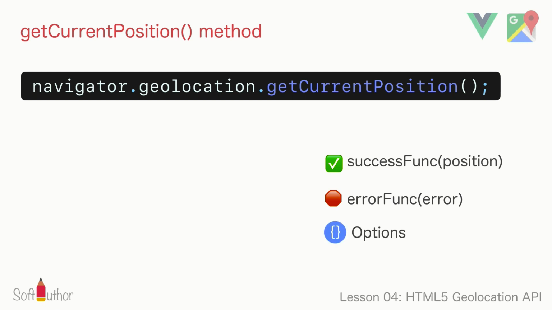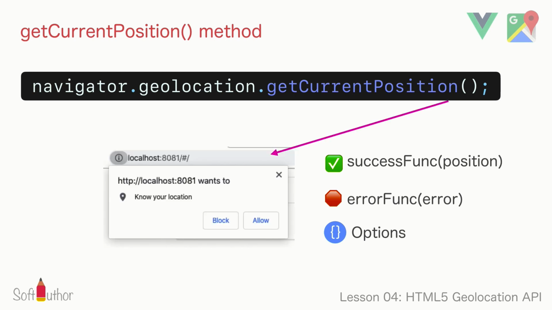The way it works is when getCurrentPosition is called, a browser notification window will appear close to the URL bar on the browser, and as the user, in my case localhost, wants to know your location, if the allow button is pressed, the getCurrentPosition method will return the coordinate object to the success function specified in the parameter called position. On the other hand, when the block button is pressed, the error function will be invoked and the returned object specified in the error parameter.